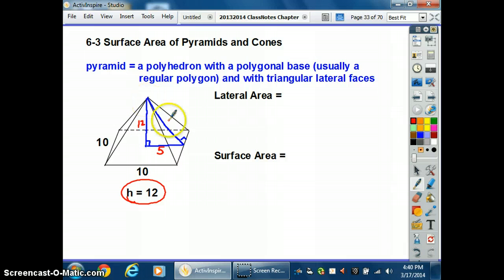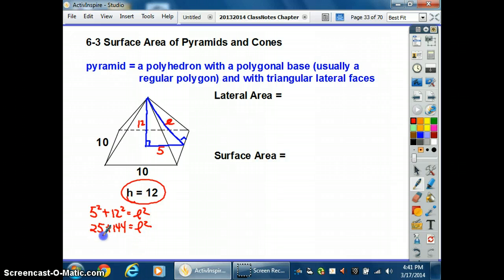We could use our Pythagorean theorem and find out what L is, the slant height, or C. So we'll say 5 squared plus 12 squared equals L squared, or 25 plus 144 equals L squared.